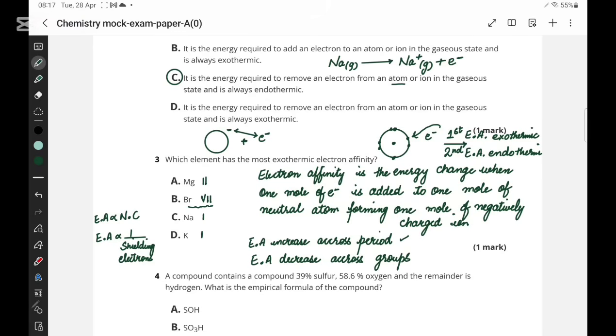So this is having the greatest electron affinity because it is present on the most right-hand side of the periodic table with the greatest nuclear charge.